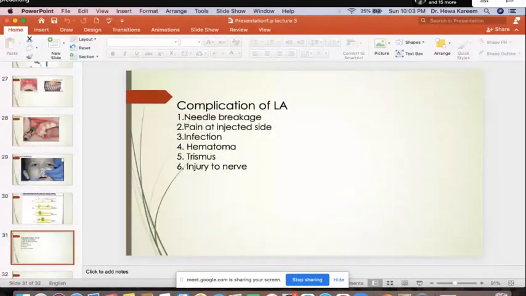Complications of the local anesthesia: needle breakage, pain at the injected site, infection, hematoma, trismus, injury of the nerve.